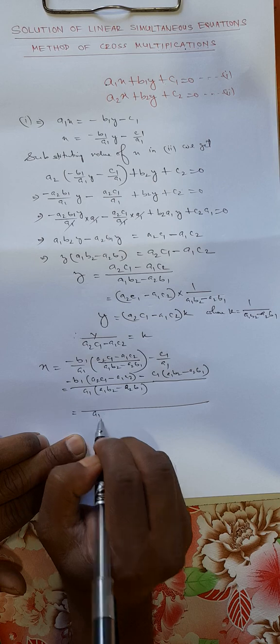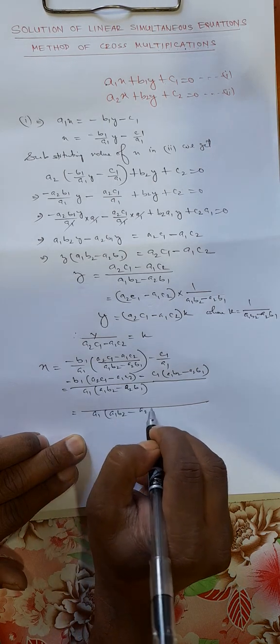Now you simplify this, over a1 into (a1b2 minus a2b1).